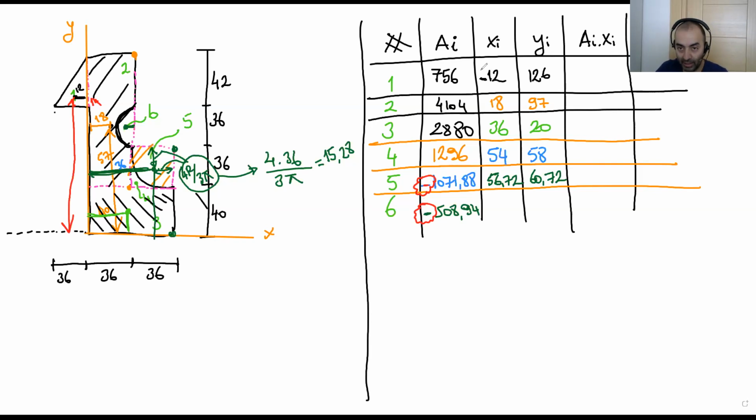But this minus here is coming from the axis system, because we are on the negative side. But these red ones are removing areas. That's why we have to consider all these areas with a minus sign.